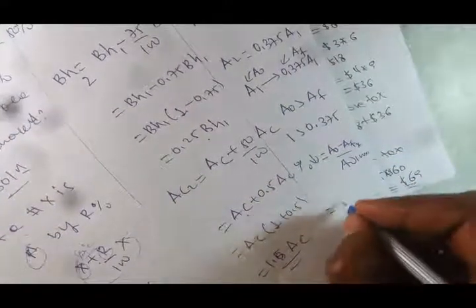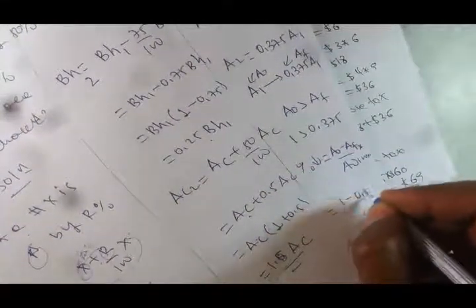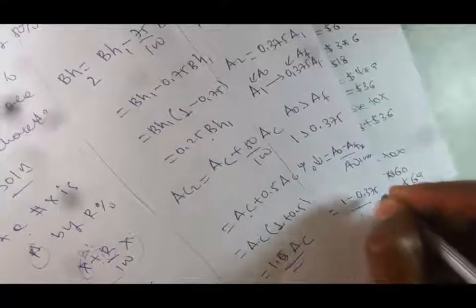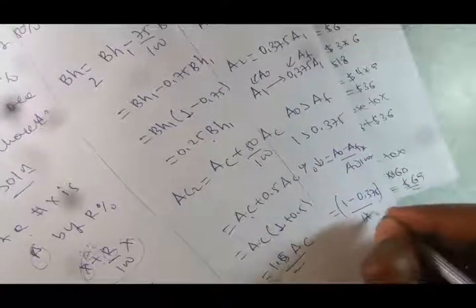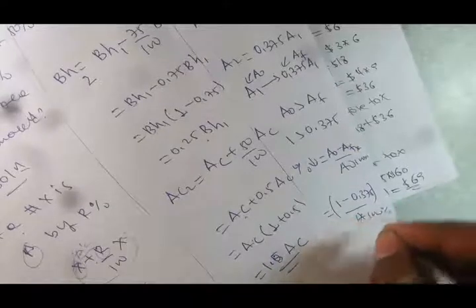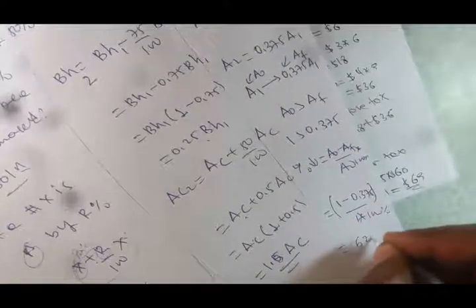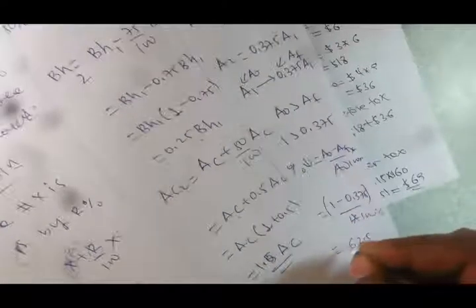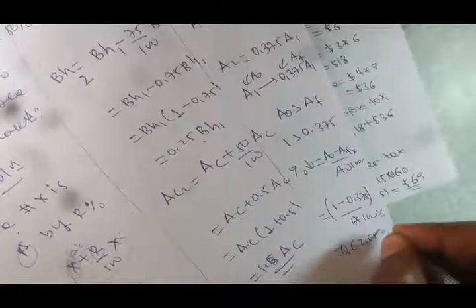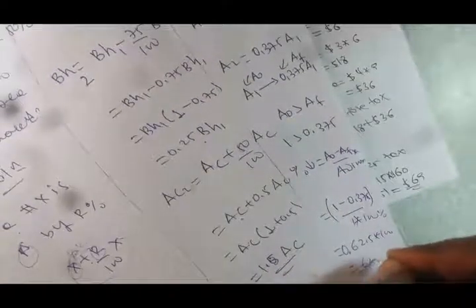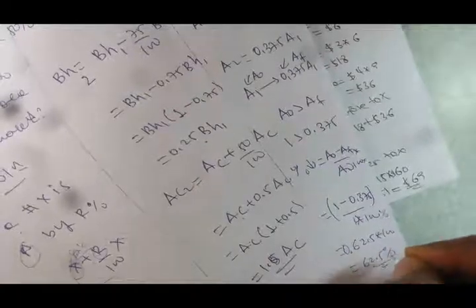Our AO value is 1, so 1 minus 0.375 over 1 times 100%. This is equal to 0.625 times 100%, which is 62.5%.